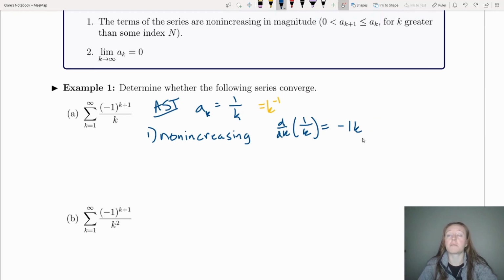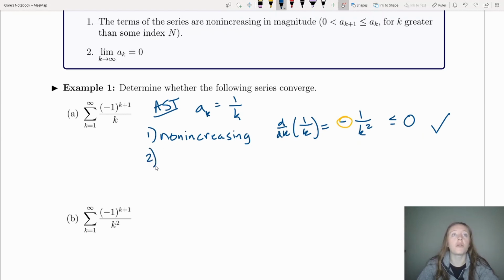So I'm going to change my negative 1 times k to the negative 2 to negative 1 over k squared. Now, you can see that this is indeed negative. I'll circle that negative so we can see. This term is less than or equal to 0, which is negative, therefore it's non-increasing.